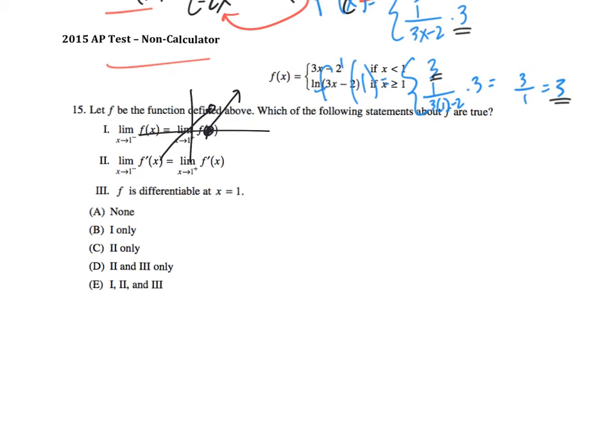So, okay, they both have a slope of 3, but they have a discontinuity, and therefore my function is not differentiable. Ooh, that's a tricky one. So only 2 is true. Again, because my function was discontinuous, I get that the slopes at 1 matched, but if we have a discontinuity, we cannot be differentiable at that point.